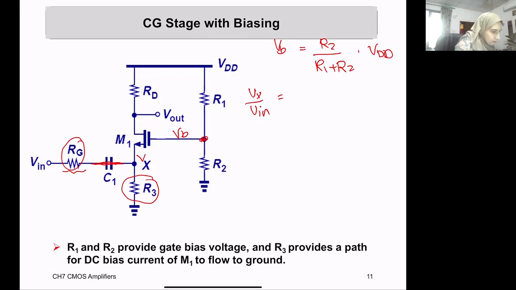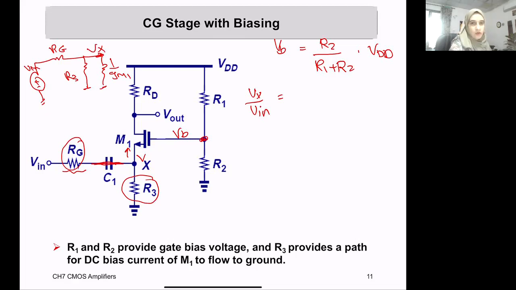You will have, from the up direction, again, 1 over Gm1. And then there is a resistor R3, and there is RG here, and this is Vn. Same thing as what we did earlier. Now this is Vx at this point.